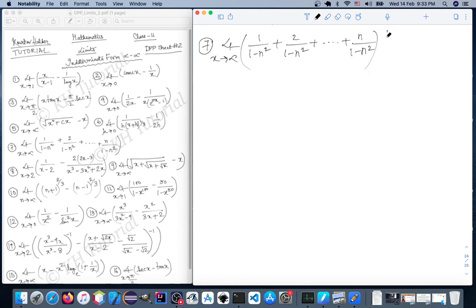Quite obviously, each individual term is tending to minus infinity. No, each individual term is tending to 0.